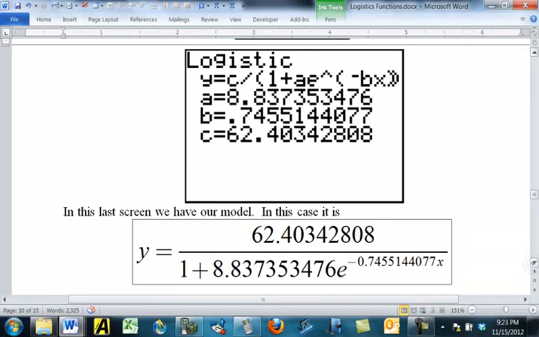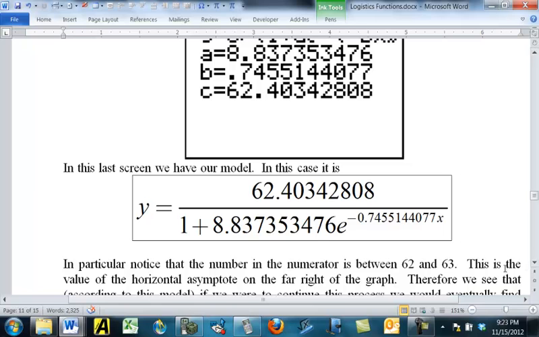And there is our model with everything put in place, which will show up as y1 if you hit y equals. The most important thing we're interested in at this point is this top number, 62.4.